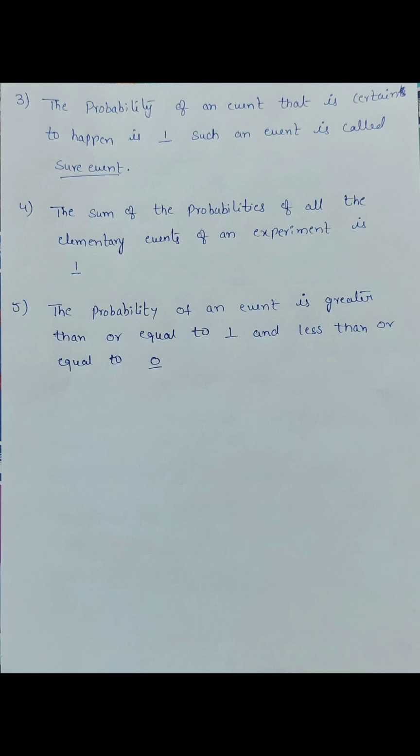I will repeat, the probability of an event is greater than or equal to 0, and less than or equal to 1. I hope you understand the first exercise, first sum.